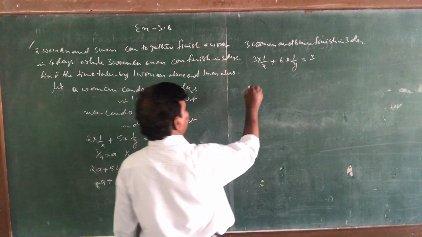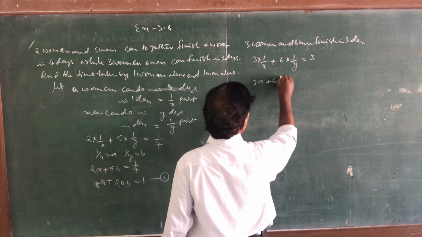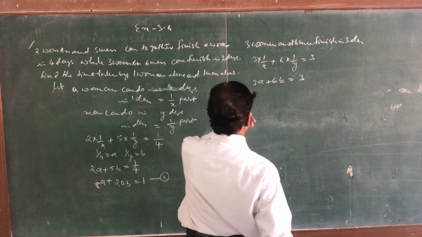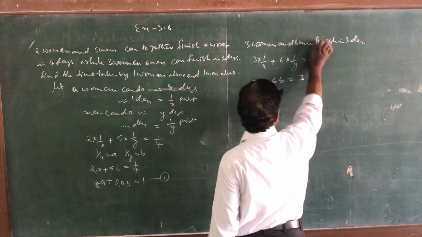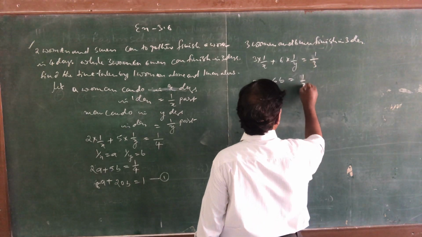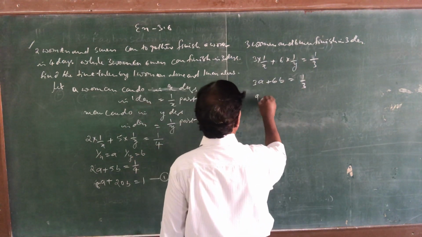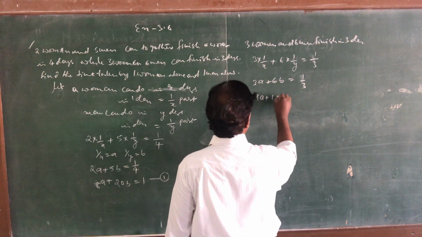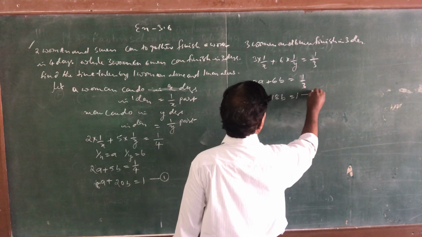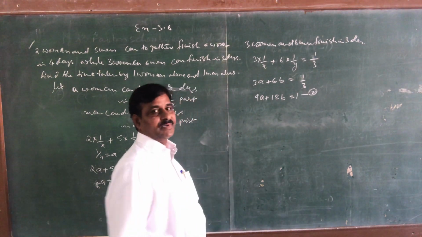Now it is 3A plus 6B is equal to 1 by 3. It's not 3, it's the 1 by 3 part. Now do the cross multiplication: 3 threes are 9A plus 3 sixes are 18B is equal to 1. It is the second equation we got.